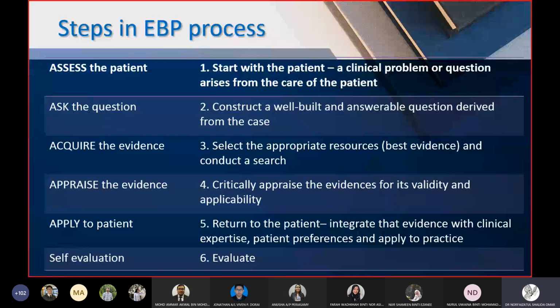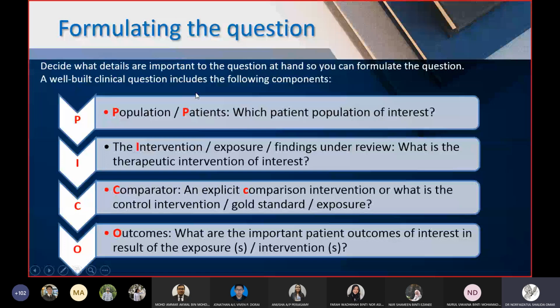So the main thing is formulating the question. Formulating the question will be based on this PICO principle, meaning the population of patients, which patient population of interest, and then the intervention. What is the therapeutic intervention of interest? Then comparator, if there is an explicit comparison intervention, or what is the control intervention, gold standard, and then the outcomes.